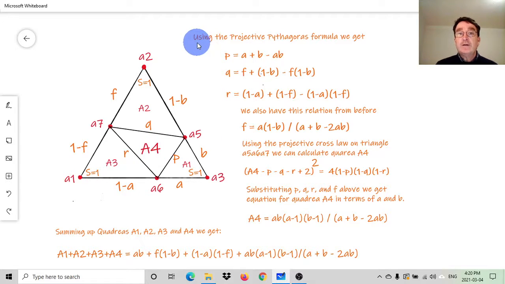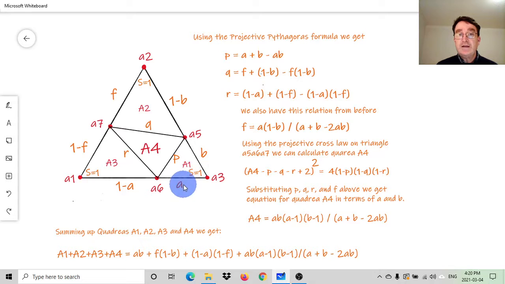So using the projective Pythagoras formula, we're going to get values for P, Q, and R. Because the spread here is 1, we can get the value of P from the projective Pythagoras formula, which is A plus B minus AB.